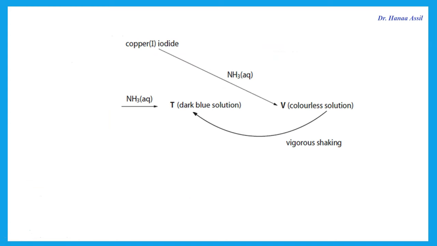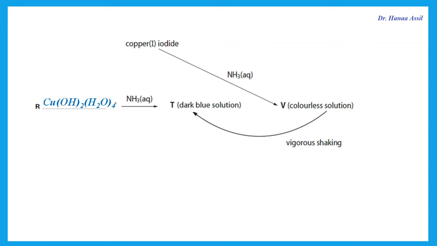Then let's look at this part of the flow chart. The question said we had copper 1 iodide and we added ammonia, and it gave a colorless solution, which on vigorous shaking gave a dark blue solution. Of course, that means that we started from R here, so R was the complex with 2 hydroxides and 4 water.